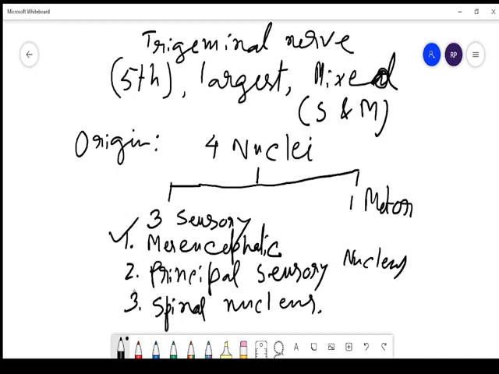The mesencephalic nucleus is located in the midbrain. The principal sensory nucleus is in the pons, and the spinal nucleus is located in the lower part of the medulla oblongata and extends to the upper part of the spinal cord. And the motor nucleus is in the pons.